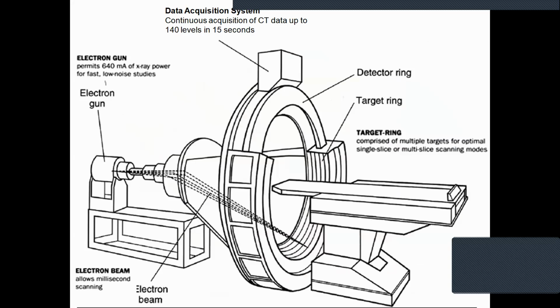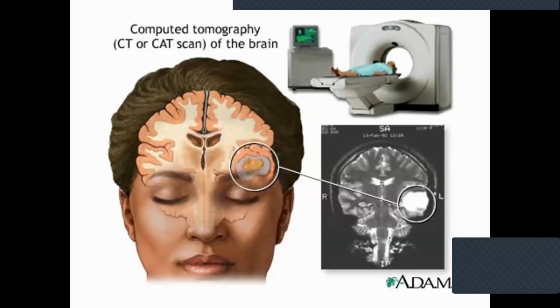This is another simplified image, which has internal parts like electron beam, electron gun, data acquisition system, detector ring, target ring, and patient body string. In this way, we have to identify the CAT image for the brain.